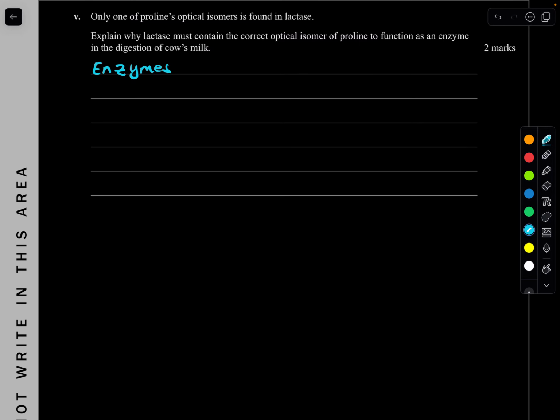So we said enzymes have a specific three-dimensional structure that is formed by the folding of those protein chains, those amino acid chains. When they fold, they create our three-dimensional structure, our tertiary structure, that is formed of the protein chain.